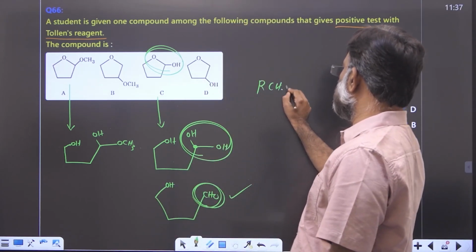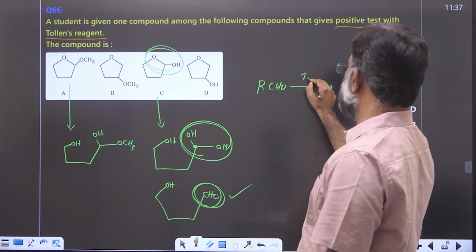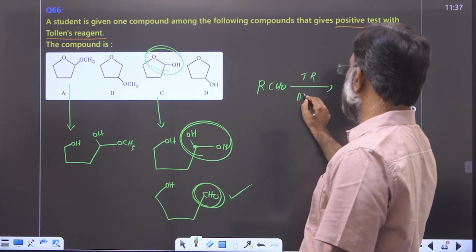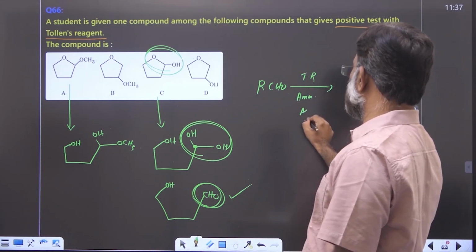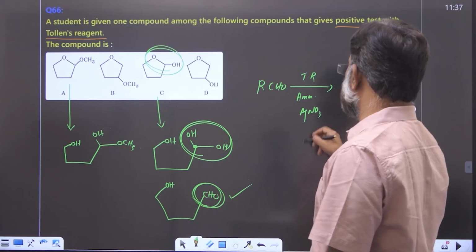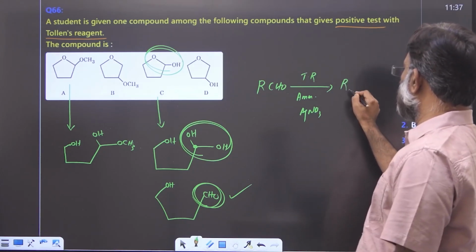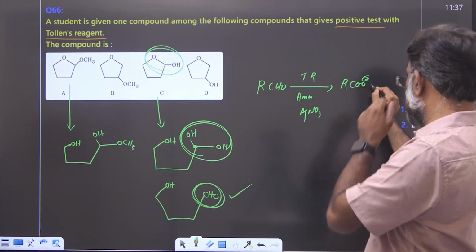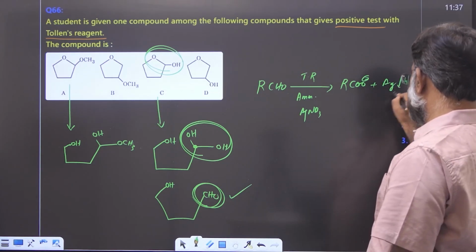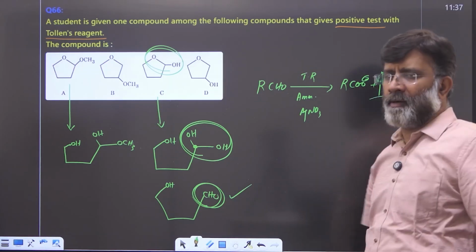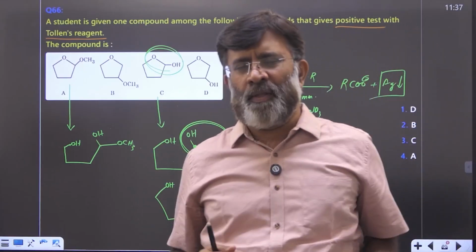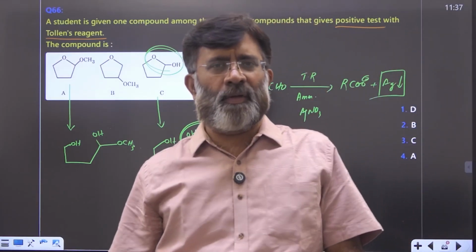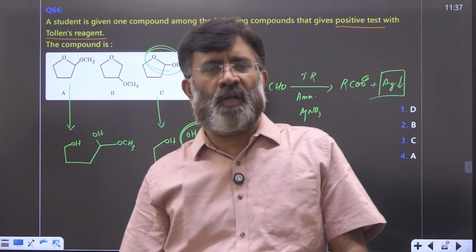So RCHO, when treated with Tollens reagent, that is ammoniacal solution of silver nitrate, in basic medium gives RCOO minus, and you get silver precipitated on the walls of the test tube, a mirror-like appearance, the silver mirror test.